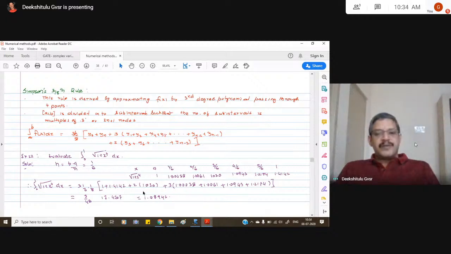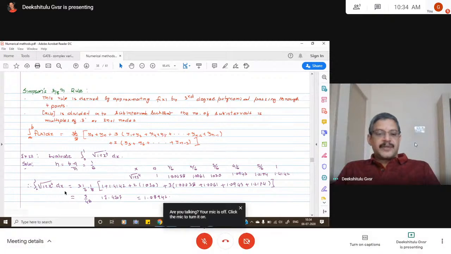At 1 by 6, the functional value is 1.00038. Then x is 2 by 6 because h is 1 by 6, and f of x is 1.0061. Then 2 by 6 plus 1 by 6, that is 3 by 6, the function value is 1.03, and at 4 by 6 the function value is 1.0943, and so on.